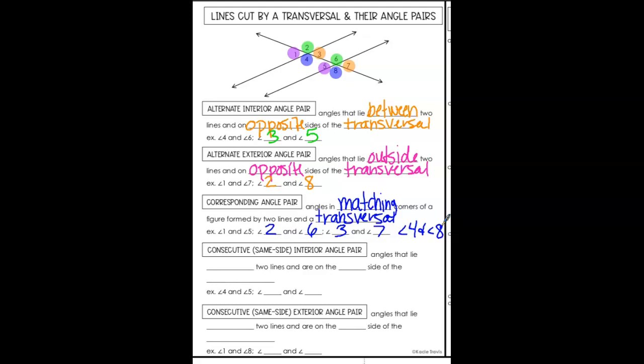Consecutive interior angles. So these are angles that lie, sorry, I want to get the vocabulary correct, between two lines and are on the same side of the transversal.